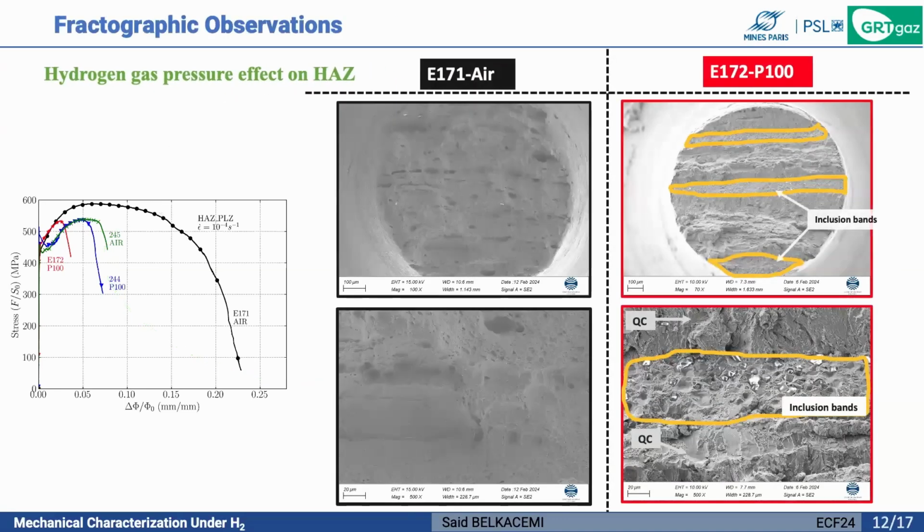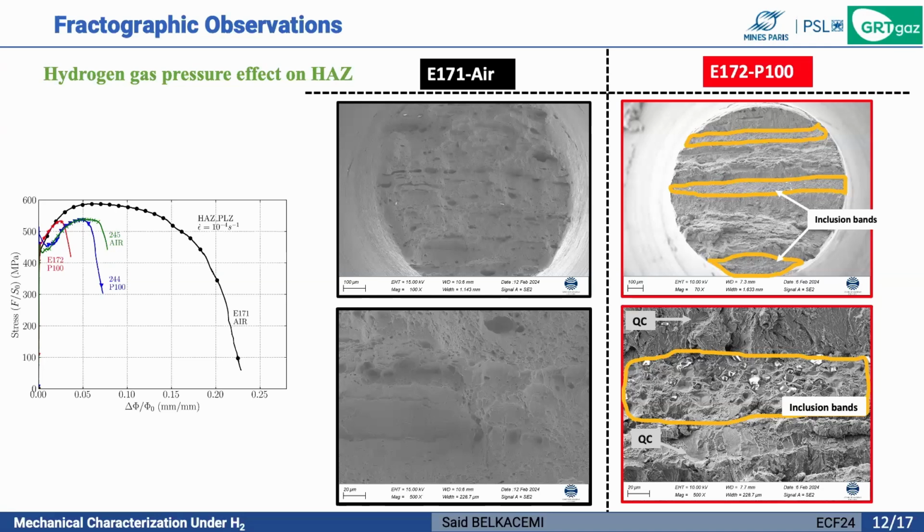And when we try to explain why the ductility is much lower compared, for example, to the base metal or the weld metal, we see that when we compare these 2 specimens, we see the presence of large inclusion bands all along the diameter. These bands are not present in this sample, for example, and this is why we have much more ductility compared to the other specimens.